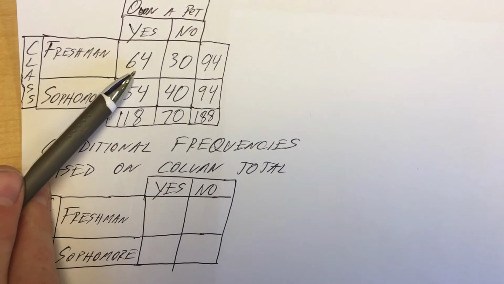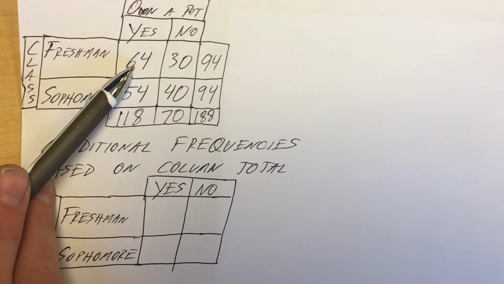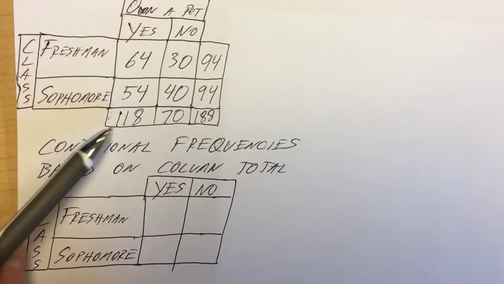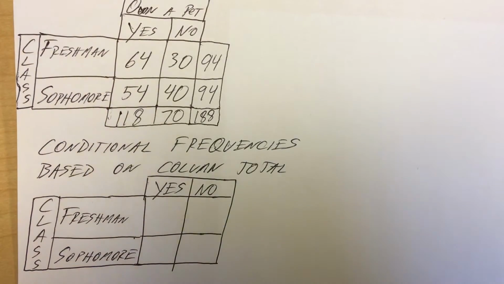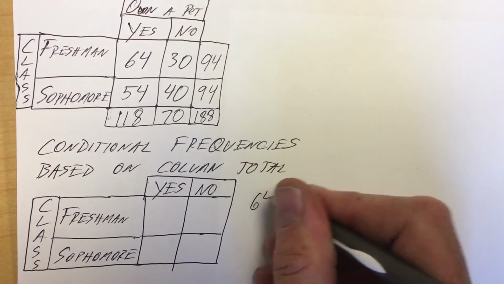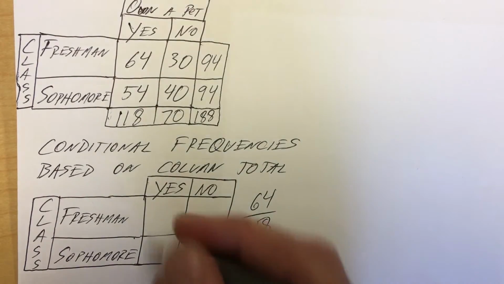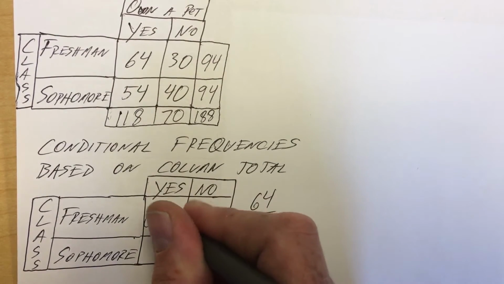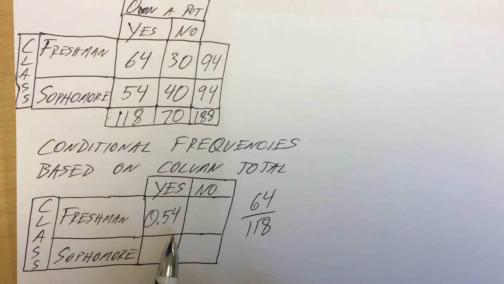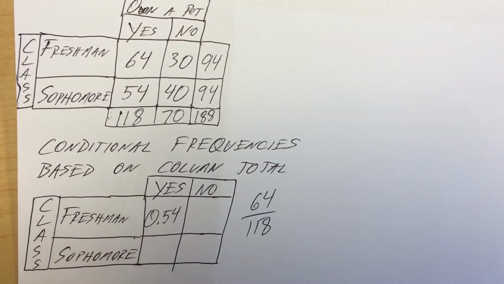For example, 64 freshmen said yes, they own a pet. We'll take that 64 and divide by the column total, which is 118, or 64 divided by 118. If we write that as a decimal, that would be 0.54, which is also 54% of the people that said yes are freshmen.